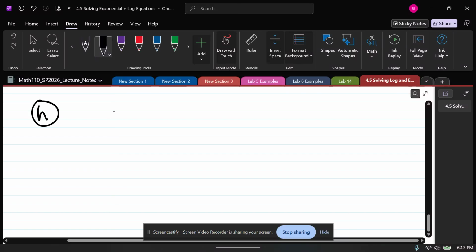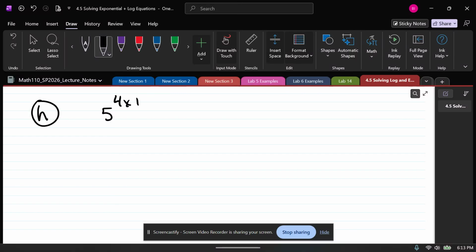Let's say we had 5 to the 4x plus 1 equals 9 to the x minus 5. So this one has 2 pieces on each side of the exponent. You got a 4x plus 1 over here, you got an x minus 5 over there.